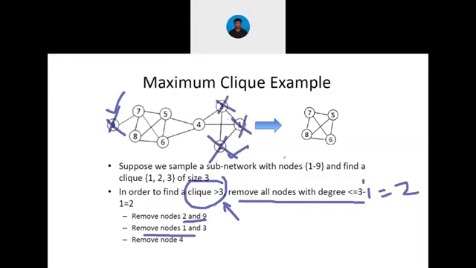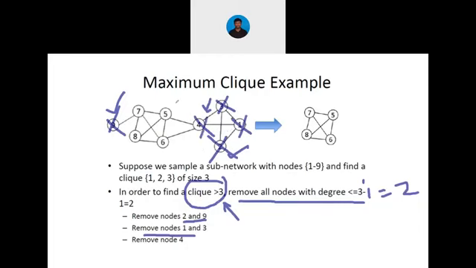And also 3, since the degree is less than or equal to 3 minus 1. Finally, since I have removed the node 3, there will be no edge to reach the node 4, and hence I am removing the node 4 also. It also has a degree less than or equal to 3 minus 1.